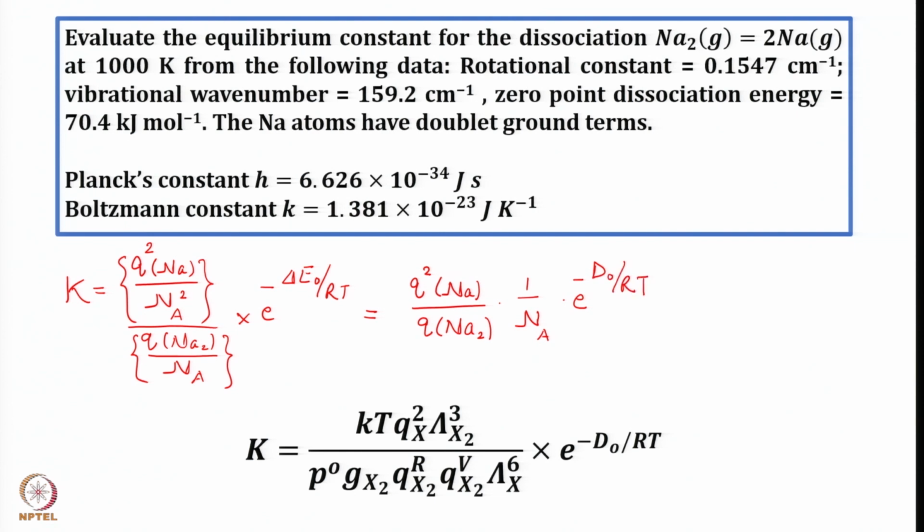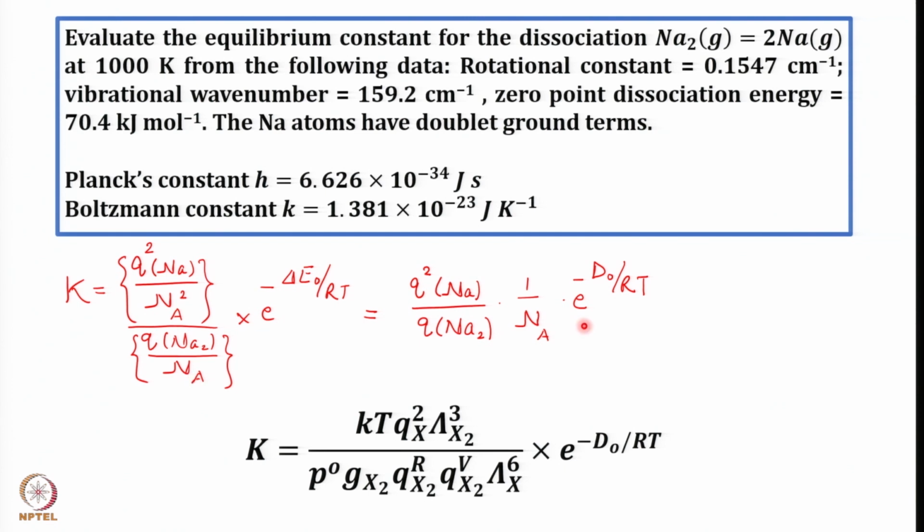What we have is the ratio of partition functions for sodium squared divided by partition function for disodium, 1 by Na, which comes from this Na square and Na, and then the exponential term is there.